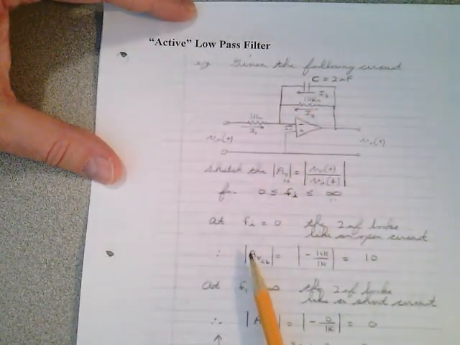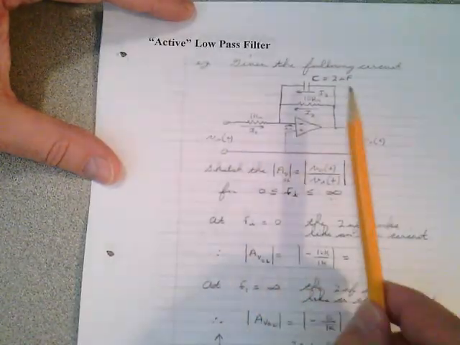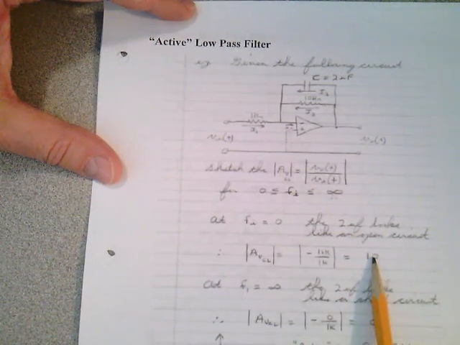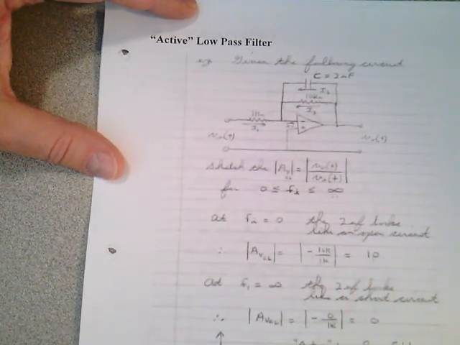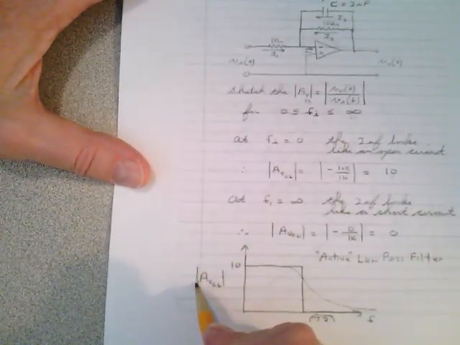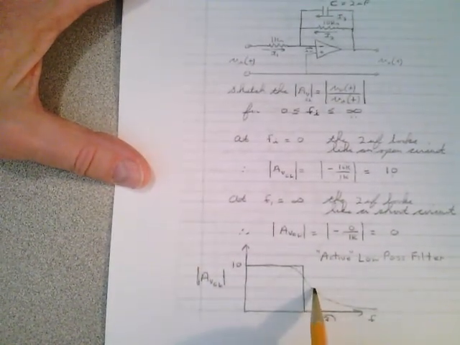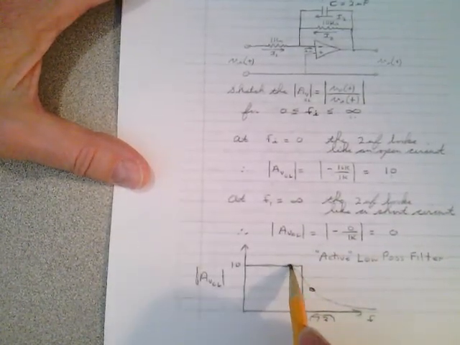At DC, that looks like an open circuit. Therefore, the absolute value of the transfer function, and we only care about the absolute value here, is equal to, if that's just an open circuit, 10K over 1K, you get 10. The absolute value of it is 10. So plotting this, just the absolute value down here, you get 10 at frequencies below 1/10 the frequency.